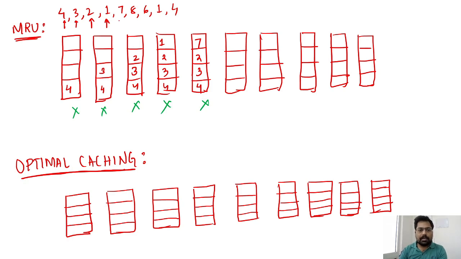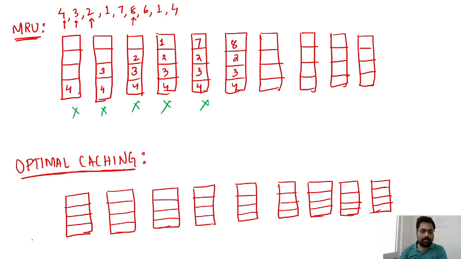Okay, next 8 came, so most recently used. Now 8 came, so 8 will replace the 7 position. Here the previous data would be 3 and 4. When 8 comes into the picture, the most recently used will be 7, so that is why that will be replaced.